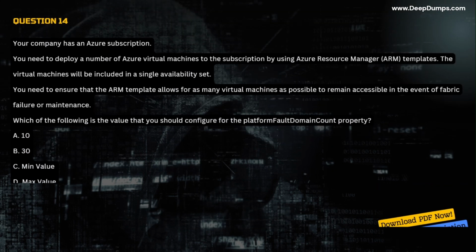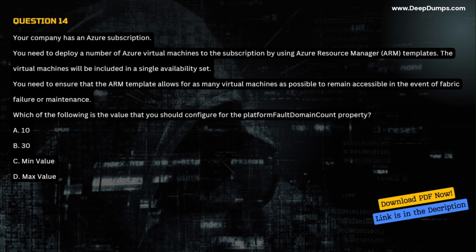Question 14. Your company has an Azure subscription. You need to deploy a number of Azure virtual machines to the subscription by using Azure Resource Manager (ARM) templates. The virtual machines will be included in a single availability set. You need to ensure that the ARM template allows for as many virtual machines as possible to remain accessible in the event of fabric failure or maintenance.